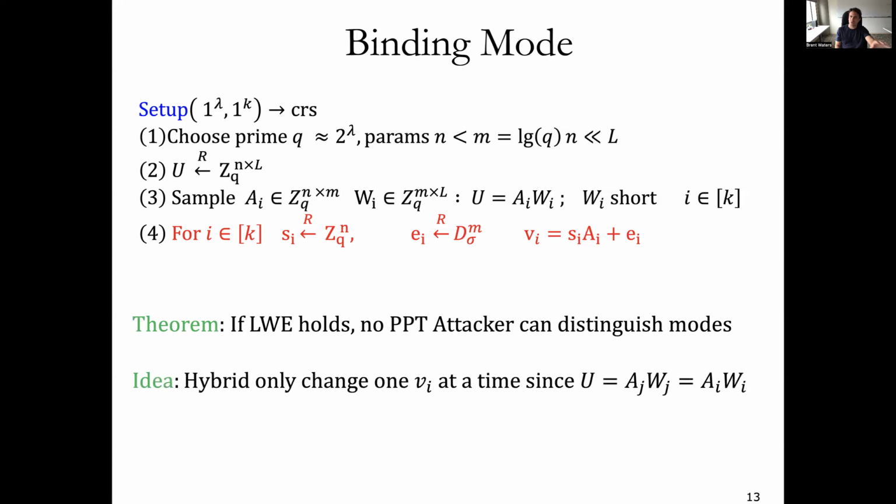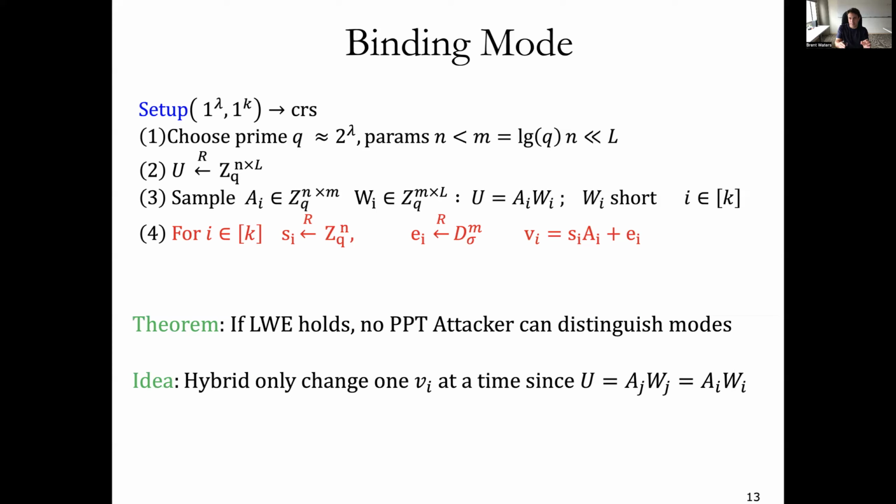One quick thing, I won't go into the details, but I'll emphasize that our hybrids are such that you can only change one v at a time. You have to first change the first one, then the second one, and the third one, the fourth one, and so on. The reason is that we have this correlation among the a_j's and w_j's, where a_j times w_j is equal to a_i times w_i for all i equal to j.